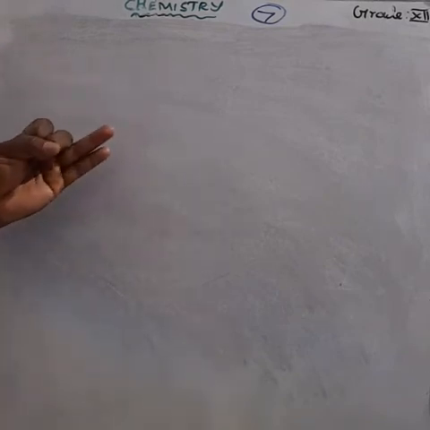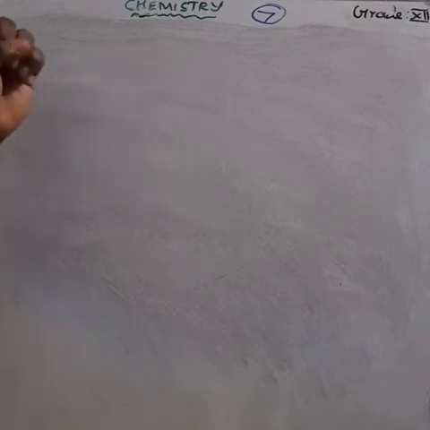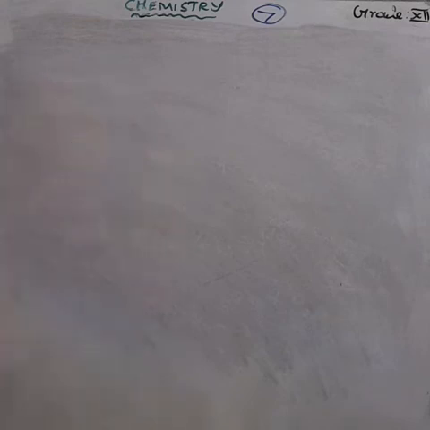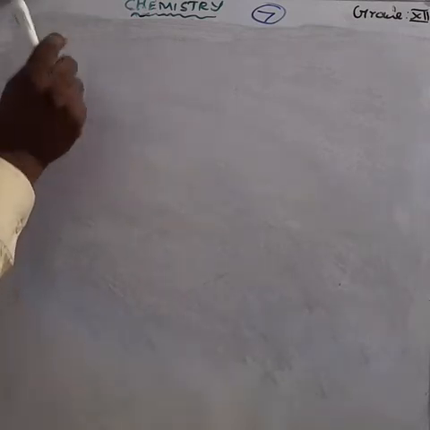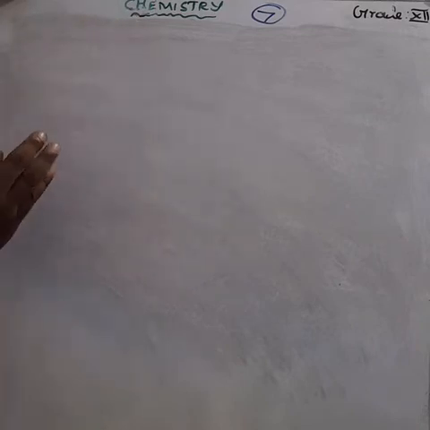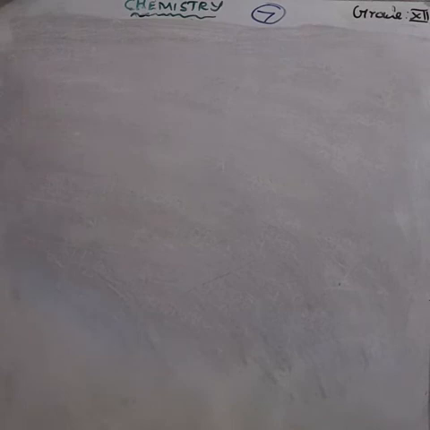Second point: order can be 0, fractional or integer. Molecularity is always a whole number, it cannot be 0 or a fractional number. Order is assigned for the overall reaction, whereas molecularity is assigned for each elementary step of the mechanism.